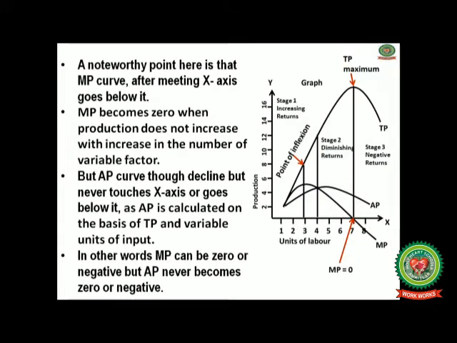The marginal product curve can be 0 and even negative, but the AP curve, that is the average product curve, though it is declining, will never touch the x-axis, as you can see in the diagram.